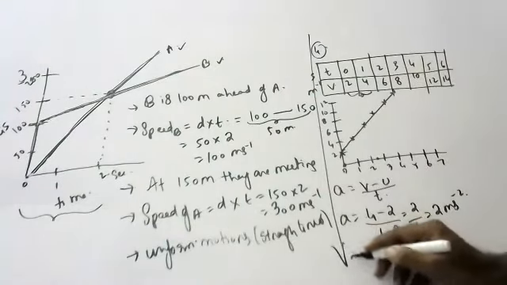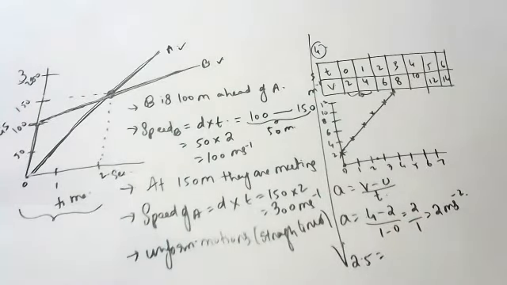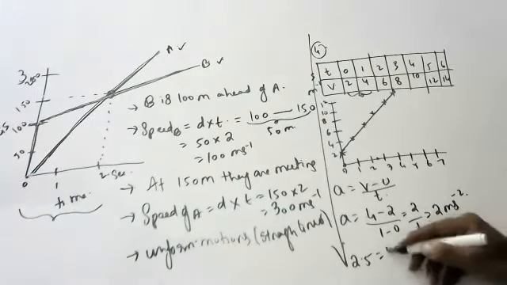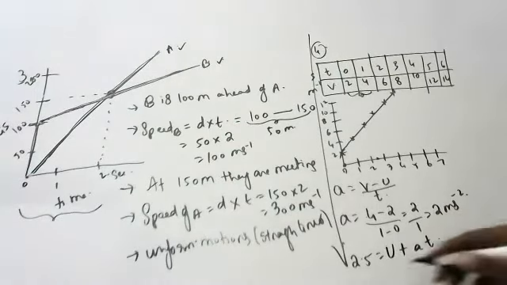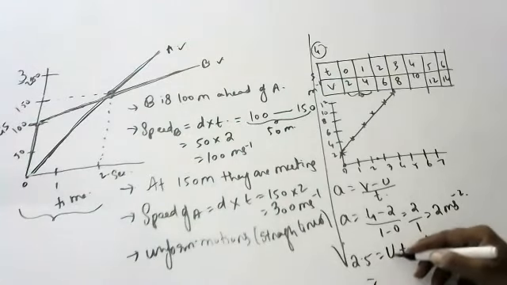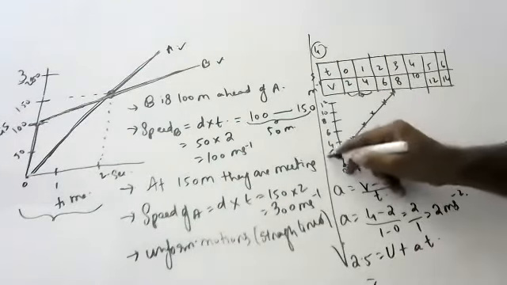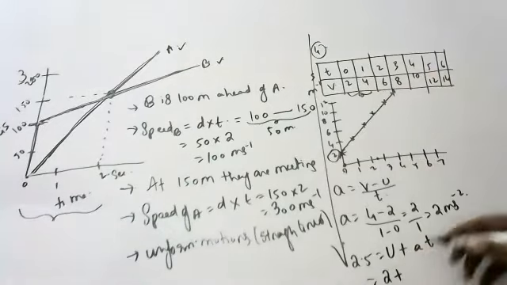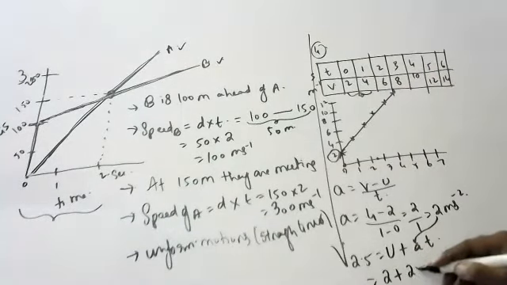Now velocity at the end of 2.5 seconds. What is the formula we will use? Anyone? Very good, v is equal to u plus at. u is how much, children? 2. Plus acceleration is how much? 2. After how many seconds? 2.5 seconds.